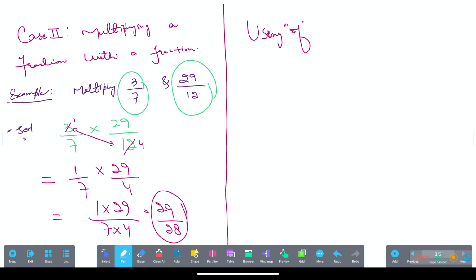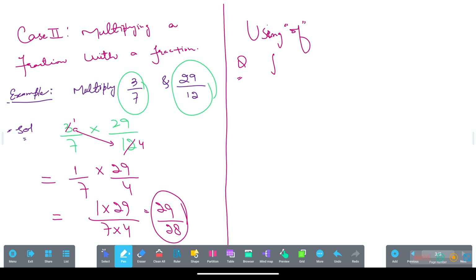How to use of in multiplication. So wherever you will find of between two numbers, it simply means multiply. I will give an example and then I will pose one more example. First, I will write the question.